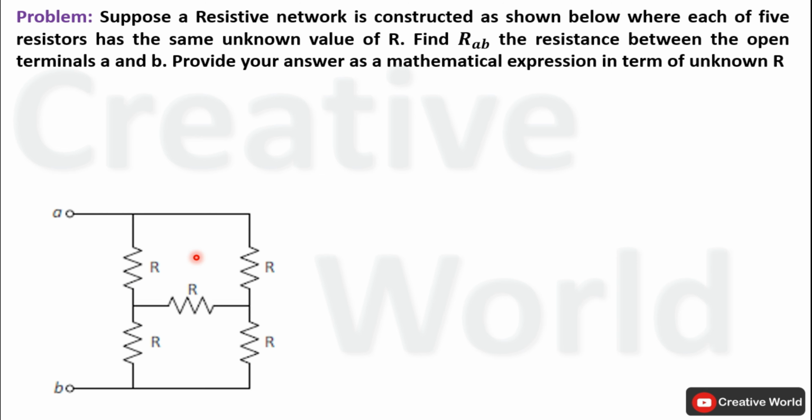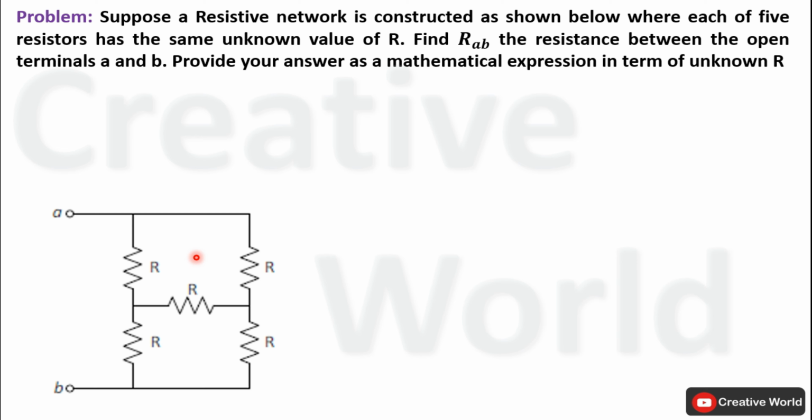Inside this network, no resistance value is specified. We have to take all resistances as R and all of these resistances are same. These two key points are given in this scenario.